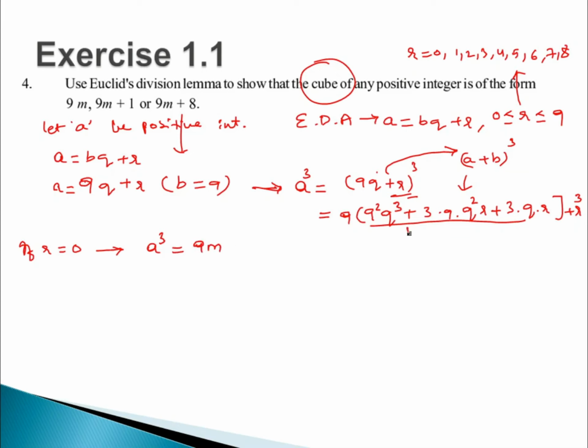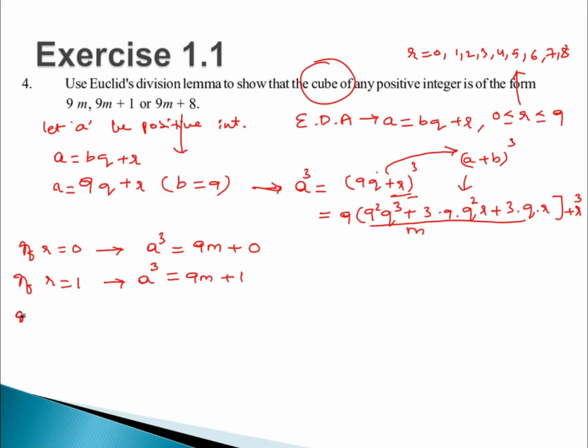I have considered this as 9m plus 0. And if r equals 1, then the resultant of this one is a cube equals (9m plus 1) cube.